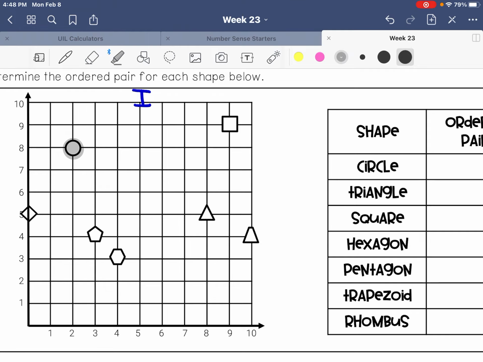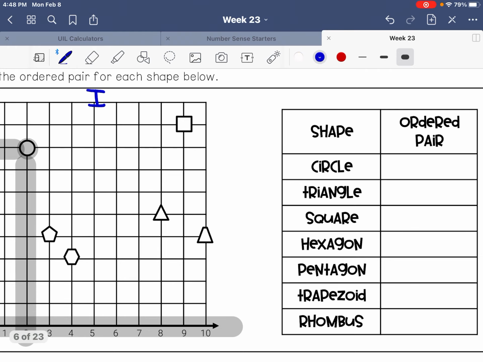On the x-axis, which is always the horizontal line, it is located at the number 2. On the y-axis, it is located at the number 8, both positive. We write the circle's ordered pair as 2 being the x-coordinate and 8 being the y-coordinate.